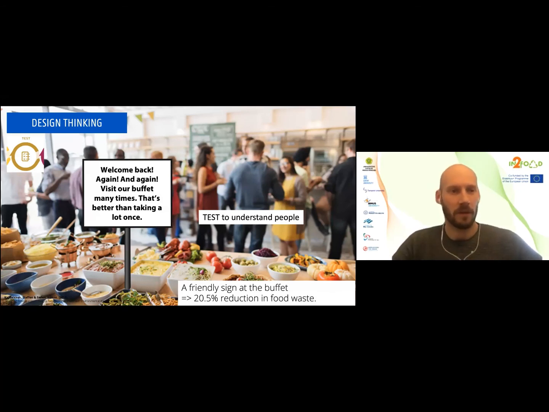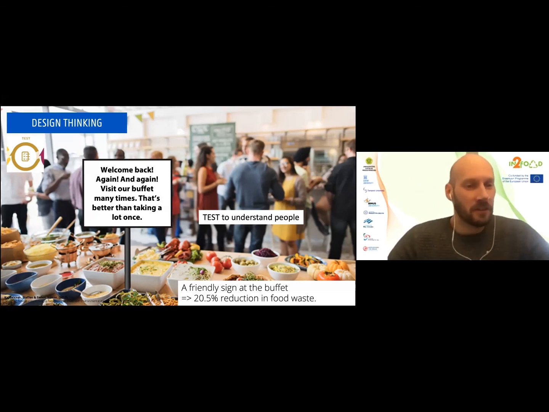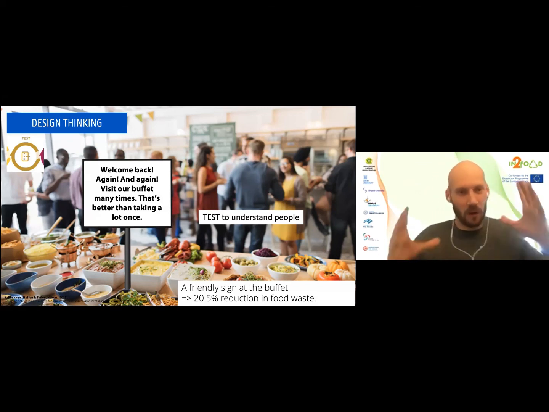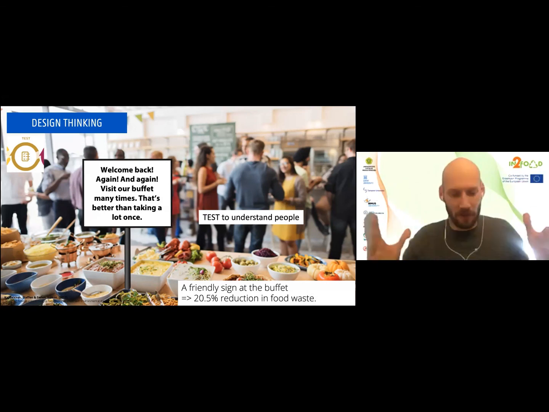One of the problems is that people fill their plate with as much food as possible because they think it's free. So free food, okay, let's take as much as possible on my plate, because if I take too much, that's no problem, it's free anyway. But I can only go once, and that is what most people think.